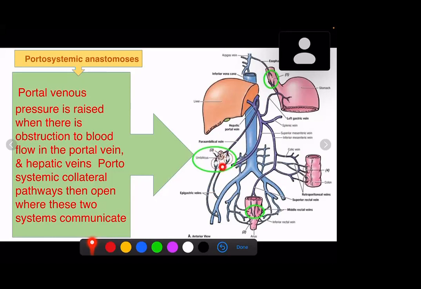We call it caput medusae. The fourth site of anastomosis is in the colon. We have the retroperitoneal veins with the branches of the colic vein. These form an anastomosis between the IVC and branches of the portal system. When you have portal hypertension, we have congestion of the bowel.